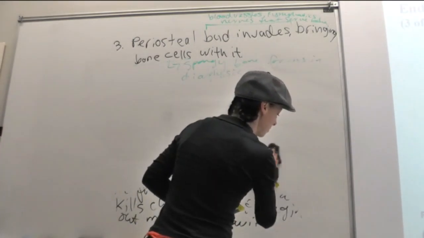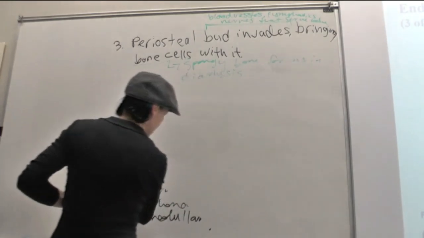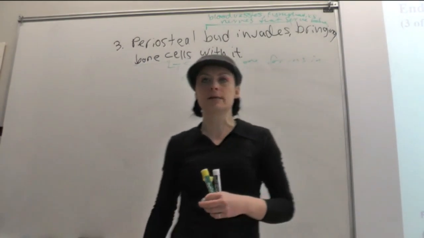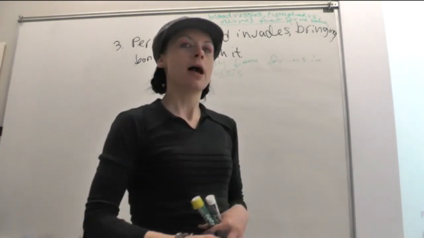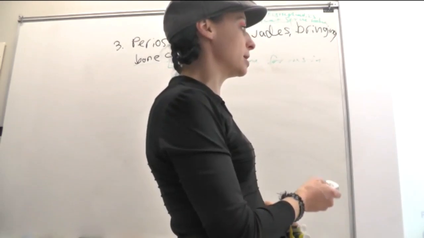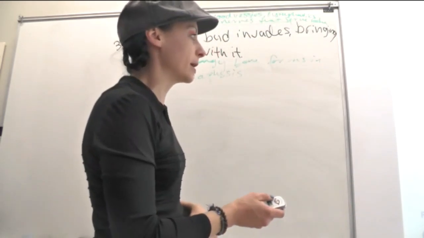So for our third step, our periosteal bud invades, bringing with it all bone cells. So now we have these nice hollowed out spaces from where our chondrocytes died off, and we can overtake that space and fill it with spongy bone on the inside of the medullary cavity.